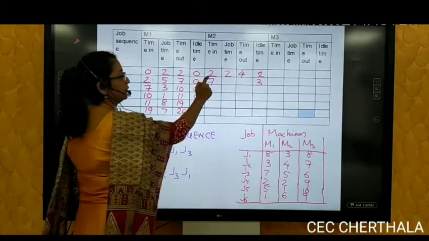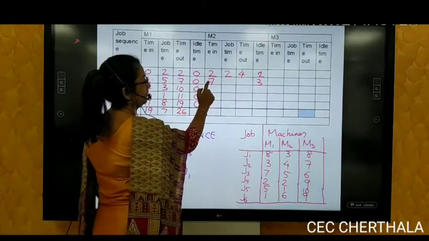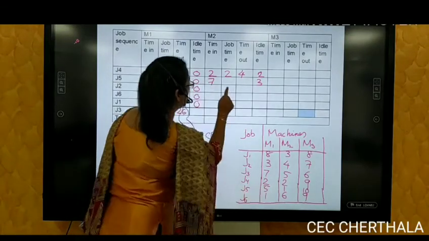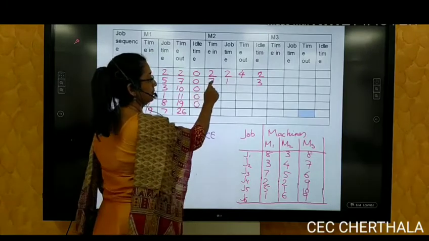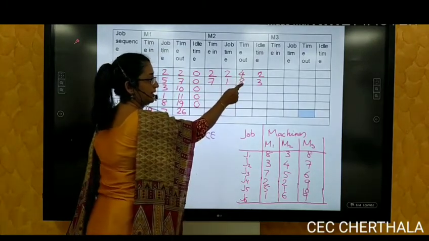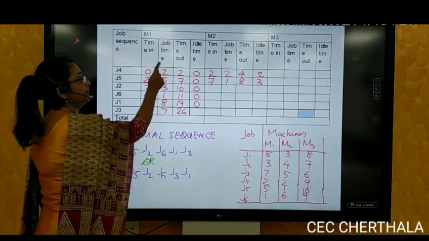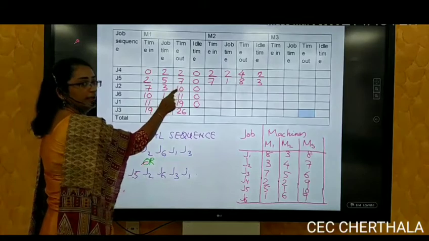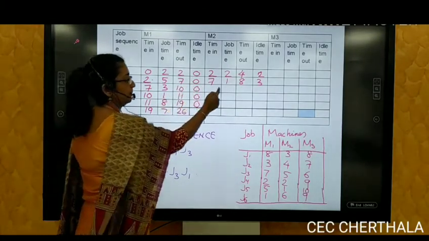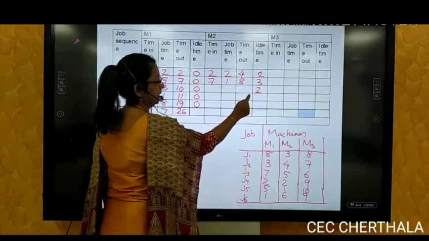Now starting the job J5, the working time of J5 at machine M2 is 1. So 7 plus 1, 8. Now on the 8th day machine M2 is free, but the third job is completing at machine M1 only on the 10th day. So there is a gap between the 8th and 10th day. That gap is 2 days, so that 2 days is idle time for machine M2.